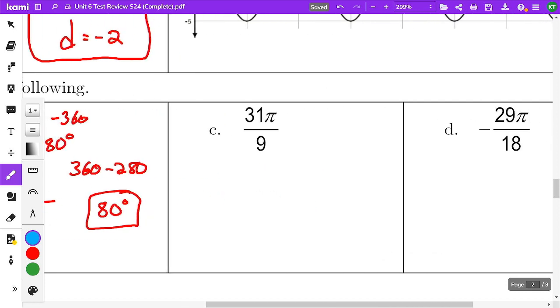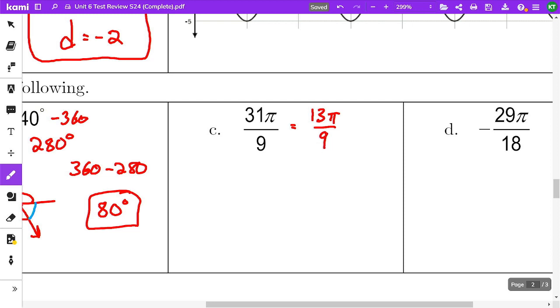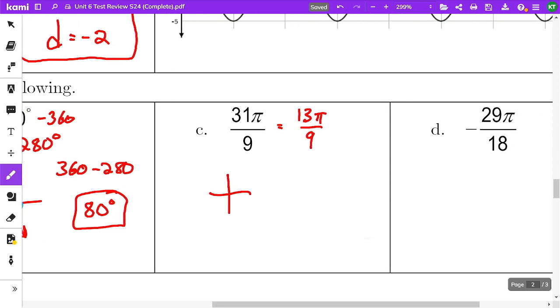Moving on, I have letter C. Again, I want to get that between 0 and 2 pi because this one's in radians. So I can go ahead and subtract 2 pi. If I subtract 2 pi, that would leave me with 13 pi over 9. That is going to be within my third quadrant, so somewhere again in here.